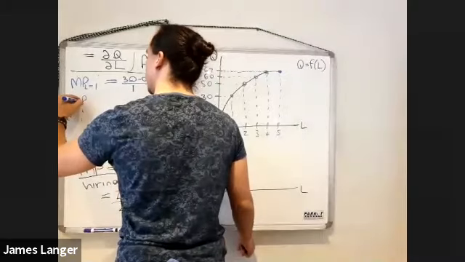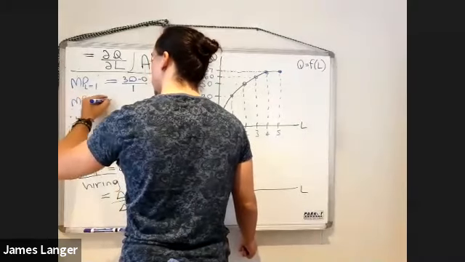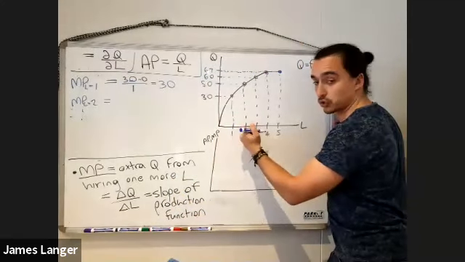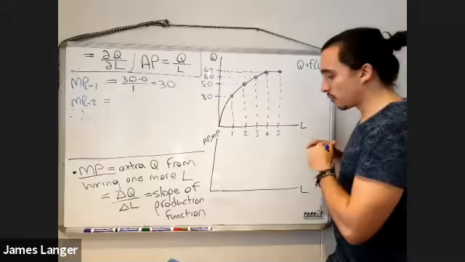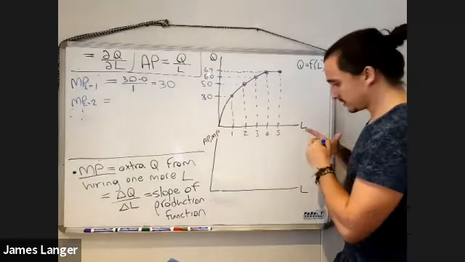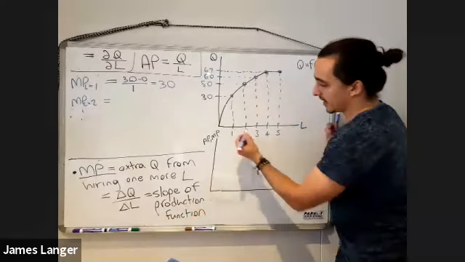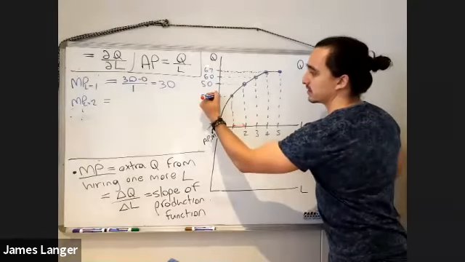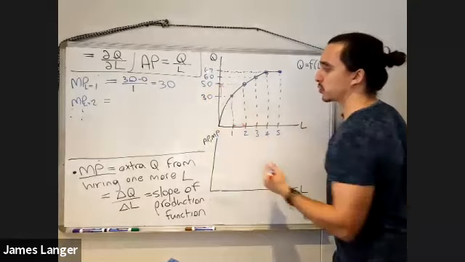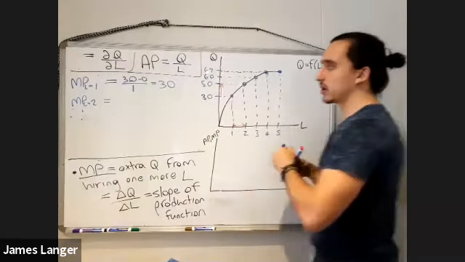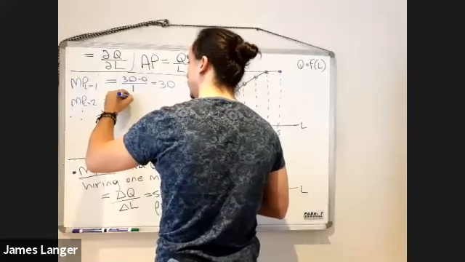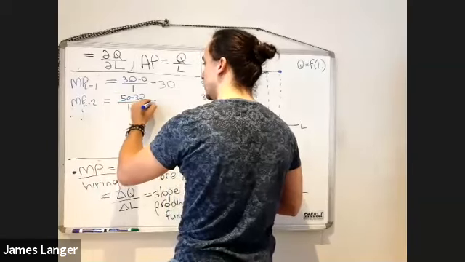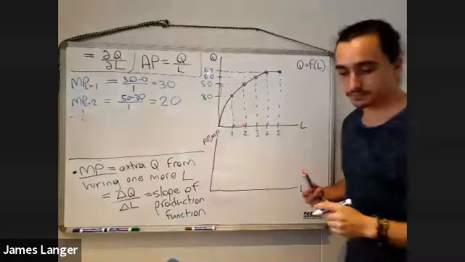Cool? Then marginal product of labor equal to 2. That's going to be equal to the change. So when I go from 1 to 2, everyone, I see that I increase my laborers by 1, and I increase my output by 20. Okay? How do I calculate that 20? It was 50 minus 30 over 1 is equal to 20.